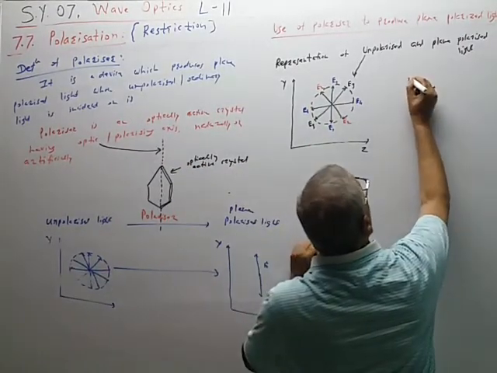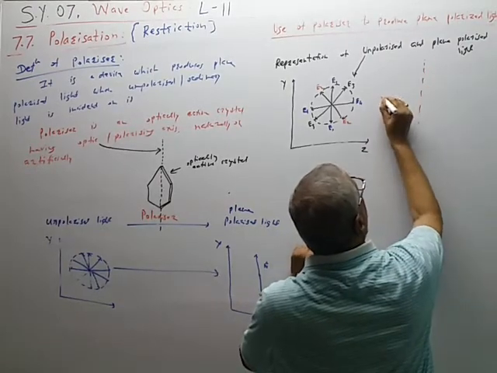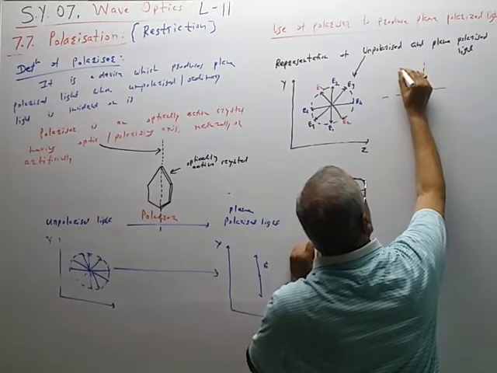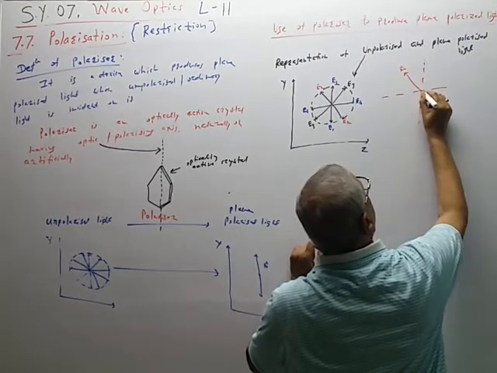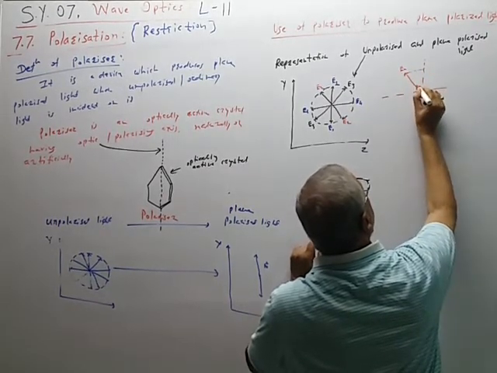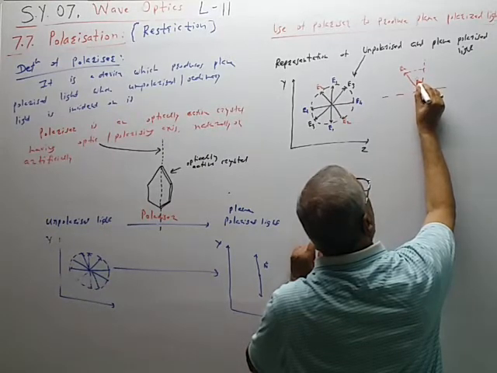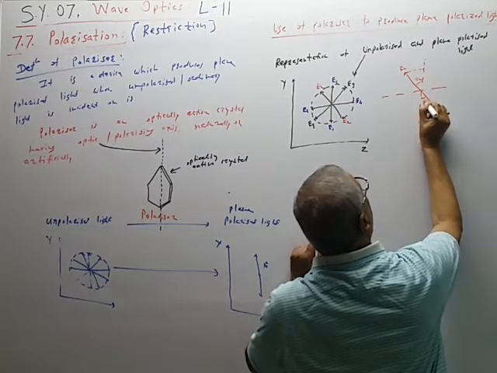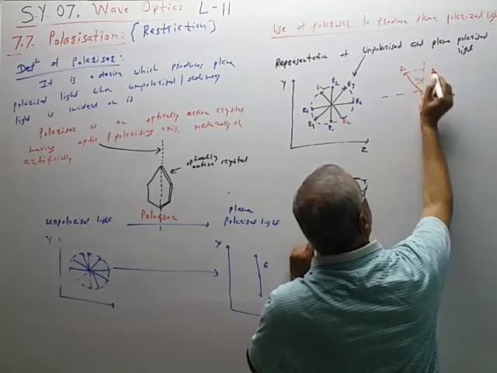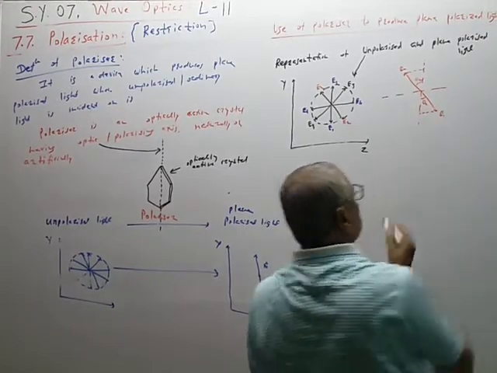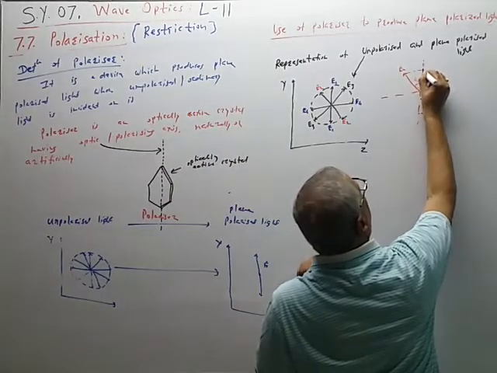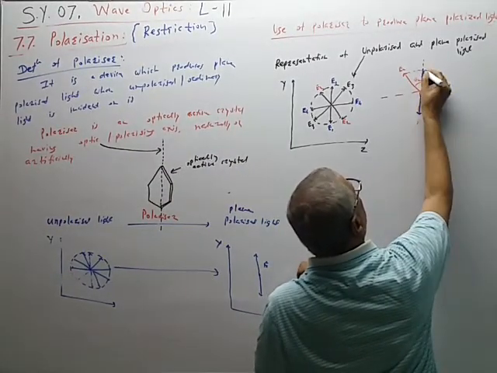So E2 is in this direction. If we draw a perpendicular, and this angle is, say, theta 2, then this component is E2 cos theta 2.